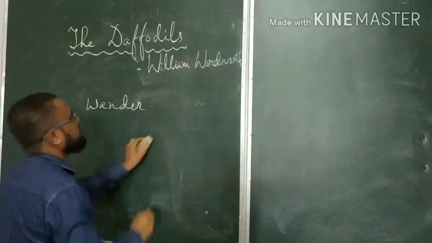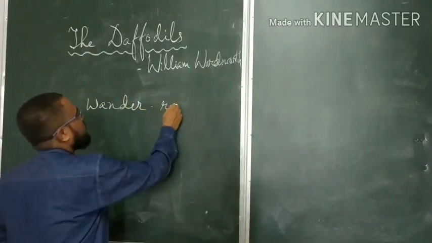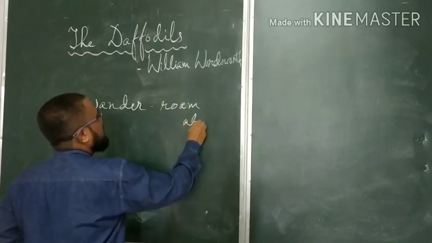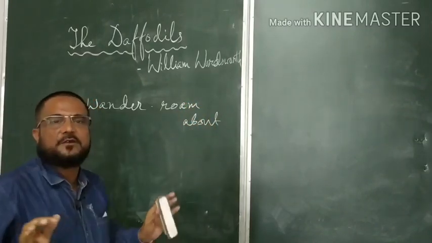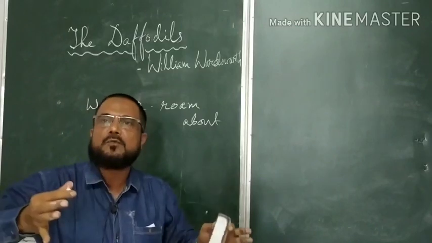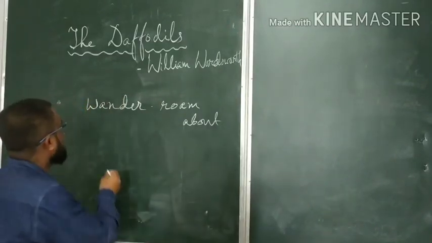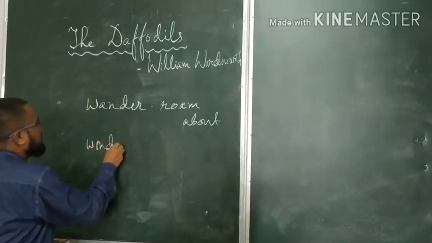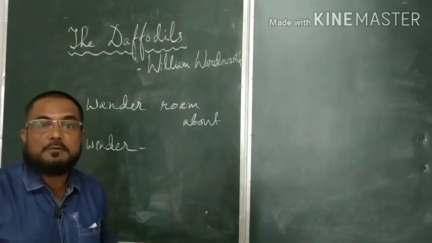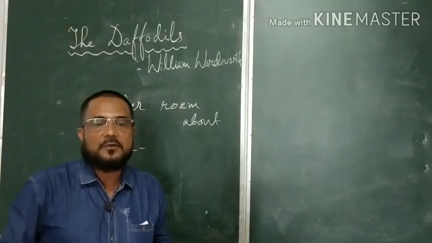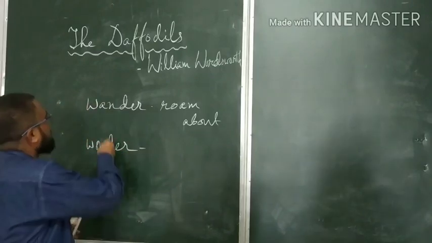This is the word that the poet has used. It means to roam about, to roam aimlessly. You are not having any kind of definite or serious activity. You are just walking, moving. That is roam. And then wonder, W-O-N-D-E-R, wonder means to be surprised. I wondered. So, this wander is what Wordsworth has used.